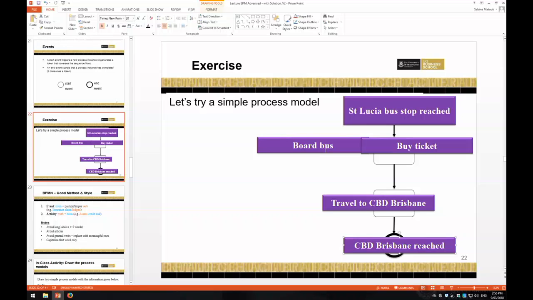Remember we said last week, business process management is an art and a science. It's a science because there are specific rules to the description of the business process, the representation. So events are little circles, activities are little boxes, or big boxes in general, they don't have to be little.